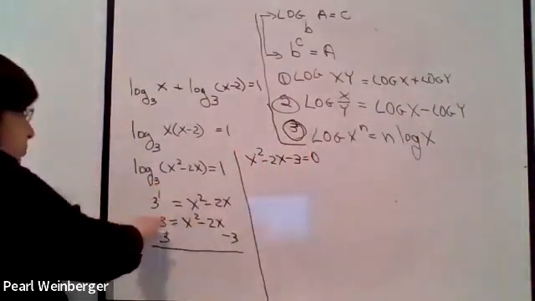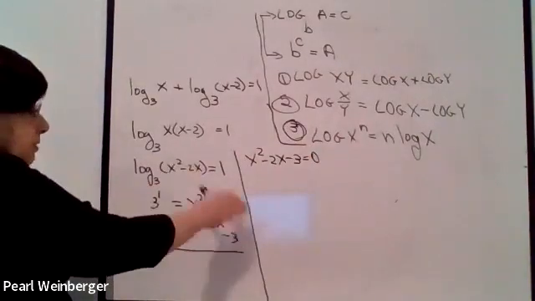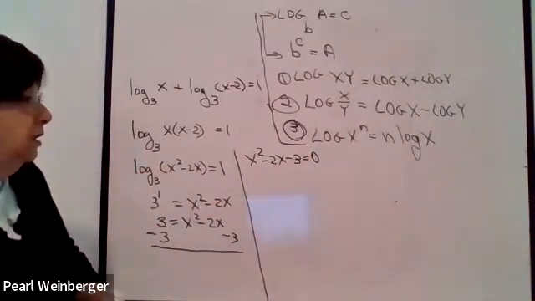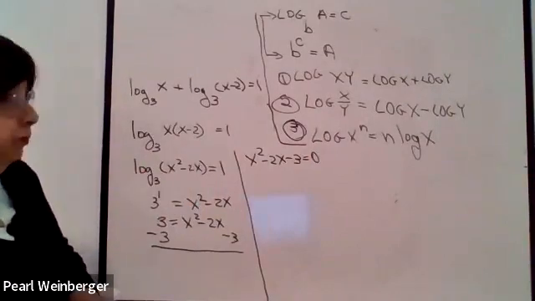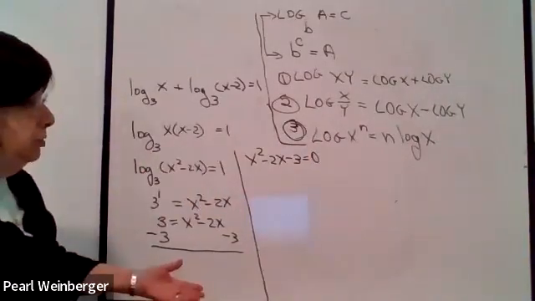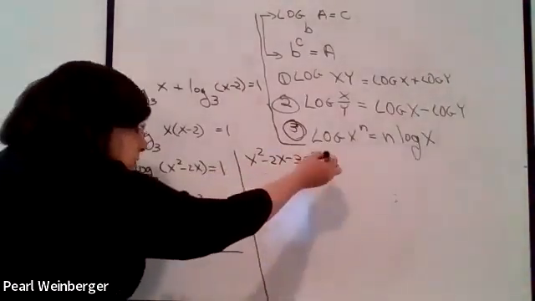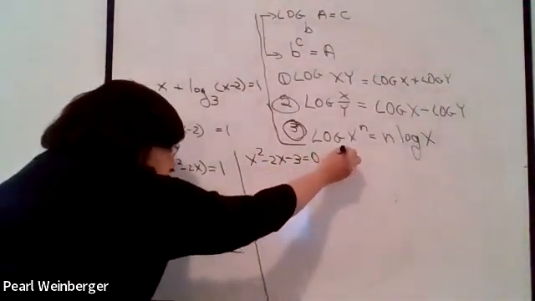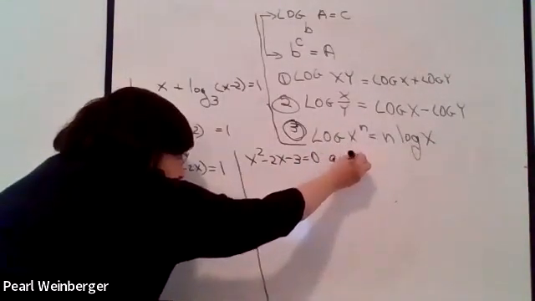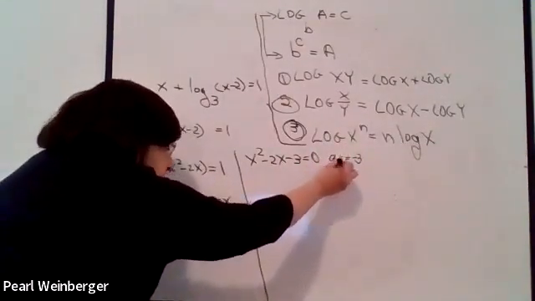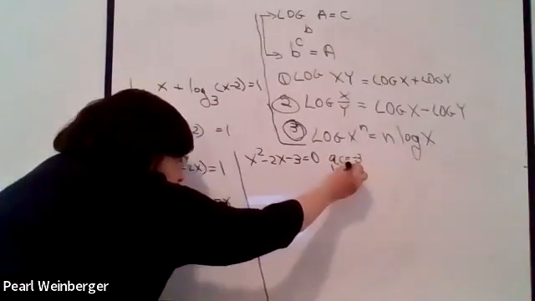I just moved the 0 from the left side to the right side, so it looks more like what I'm used to. And of course, I'm going to do this using my AC method. My A is 1, my C is negative 3. So my AC is negative 3. And my B is negative 2.